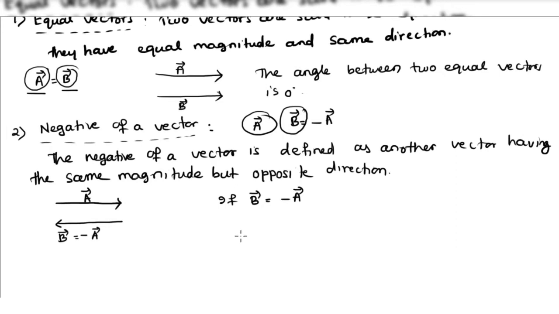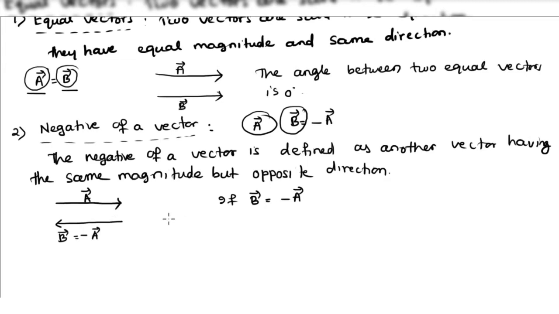Now tell me, what will be the angle between A vector and its negative vector? Or what is the angle between A vector and B vector? The answer is, the angle between a vector and its negative vector will be 180 degree.